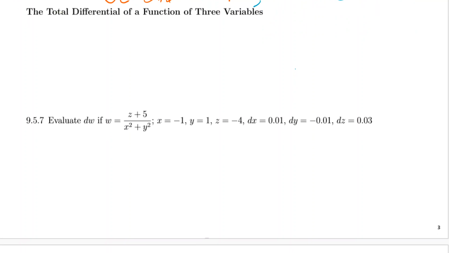Okay, so I'm hoping that you have probably guessed what this is.